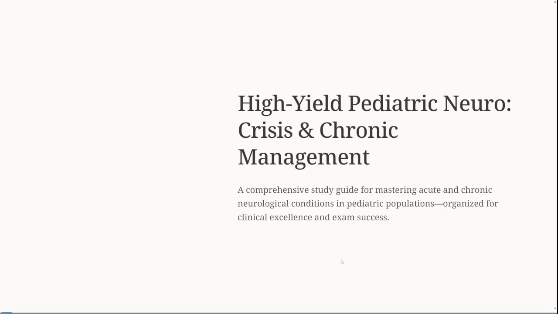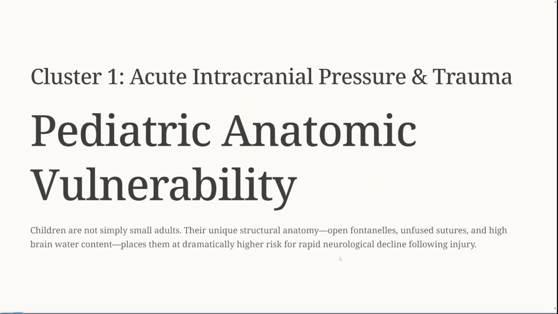Okay? So we've clustered the material into 5 logical, high-impact sections. We've grouped them by similar pathophysiology and urgent management patterns. Let's lay out that map for everyone. So cluster 1 is focused on the most acute situations. Acute intracranial pressure and trauma. The really scary stuff. Exactly. Then cluster 2 shifts to immediate crisis management, seizure disorders, and status epilepticus.